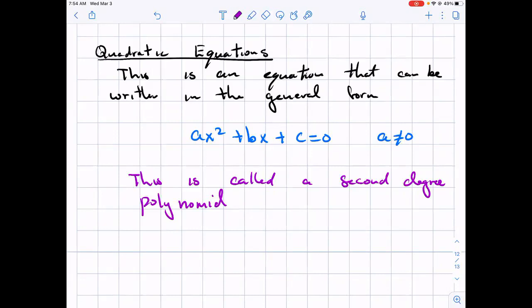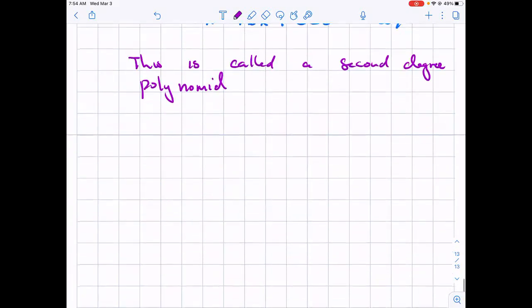So there are various methods to solve quadratics. To solve quadratics, we can use a few methods.